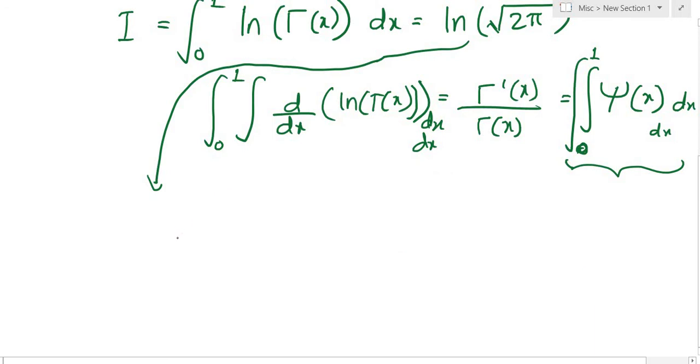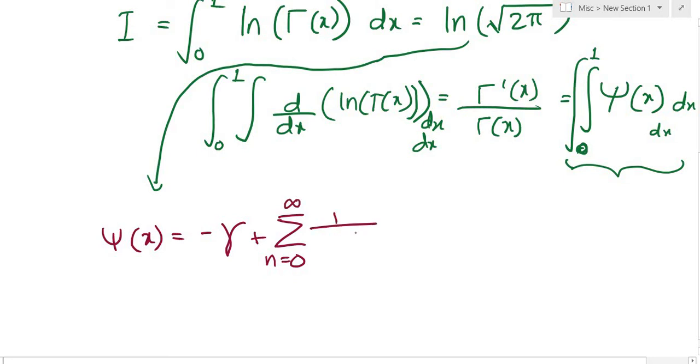So I mean, just to close it down, to give you some perspective, I actually tried to find, as I said, the double integral of the digamma function by say using the digamma series, for example, which is negative gamma, Euler Mascheroni, plus the infinite series from, say, n equals 0 to infinity of 1 over n plus 1 minus 1 over n plus x.